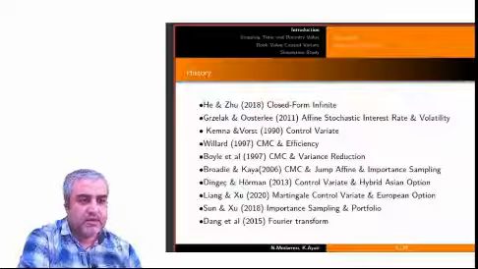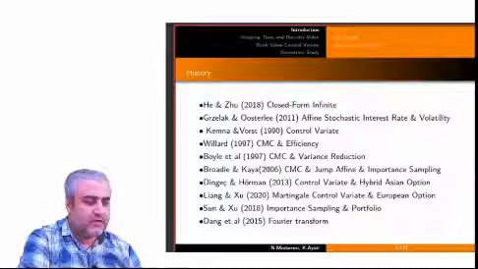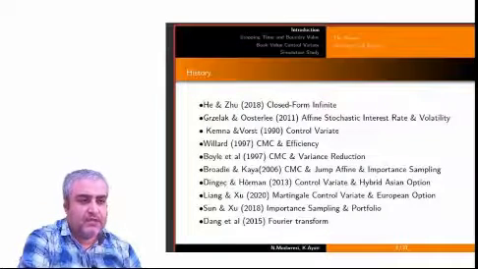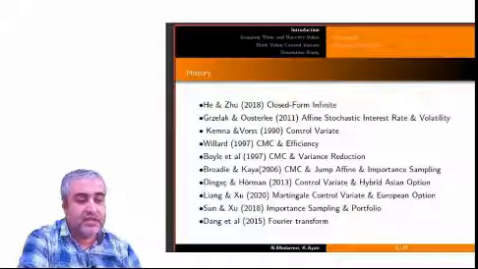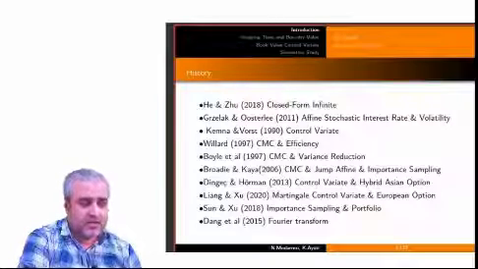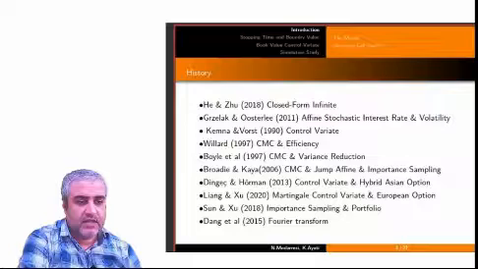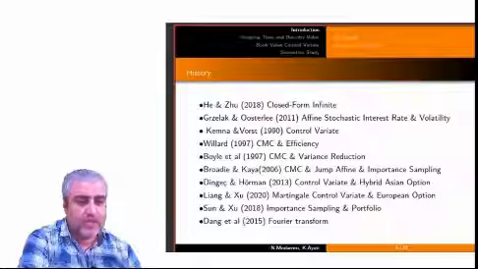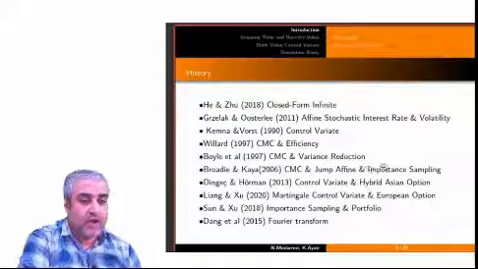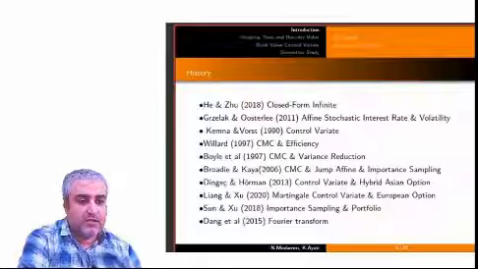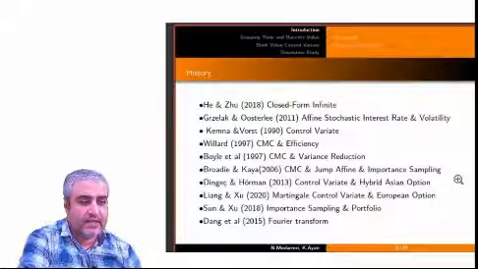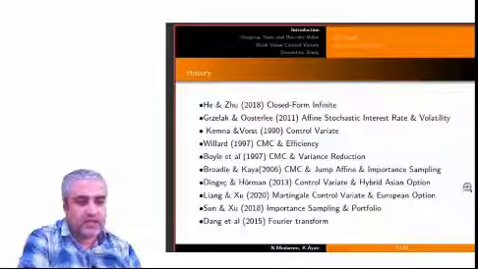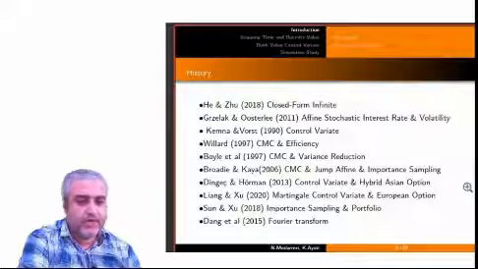They work on stochastic interest rates, control variates, variance reduction, and improving efficiency in conditional Monte Carlo using jump diffusion when we have a Poisson process in Brownian motion, and hybrid Asian options, martingales, and European and American options.